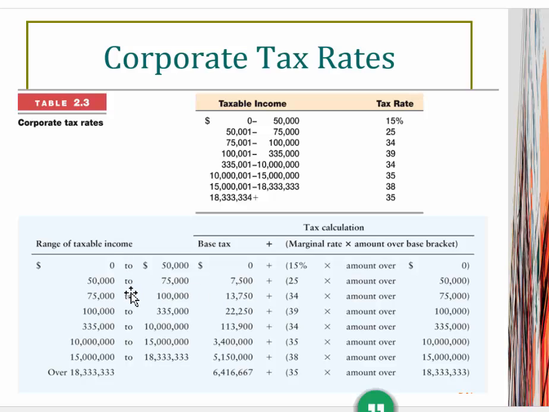If you make $60,000 in income, you're going to pay 7,500 plus 25% of whatever amount is over 50,000. So 25% of 10,000 is $2,500. So the tax on $60,000 would be $10,000.